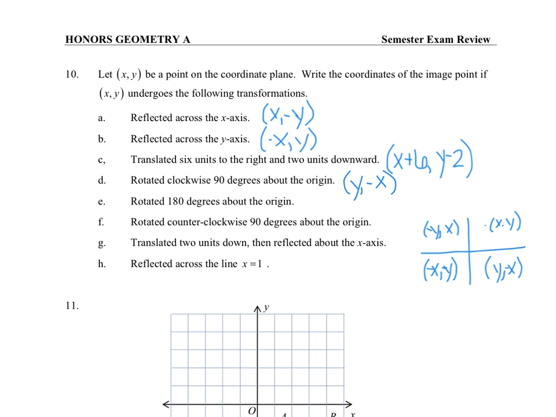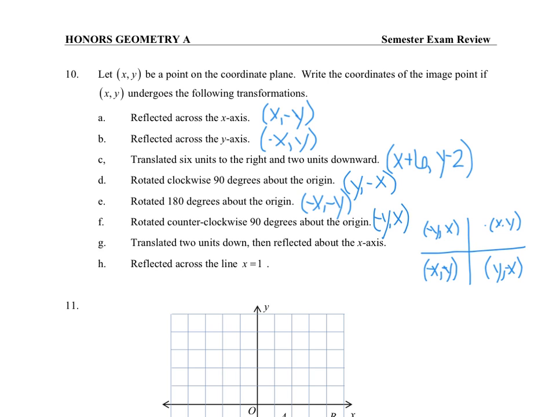If I rotate 180 degrees about the origin, and it doesn't matter what direction you go in because 180 degrees counterclockwise and clockwise are going to give you the same answer, you're going to go to -x, -y. Finally, if we rotate 90 degrees counterclockwise about the origin, that's going to give us -y, x.